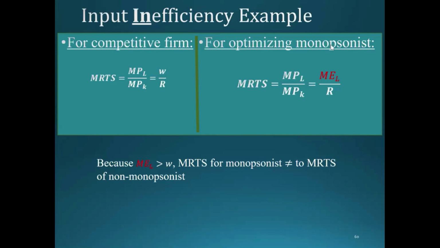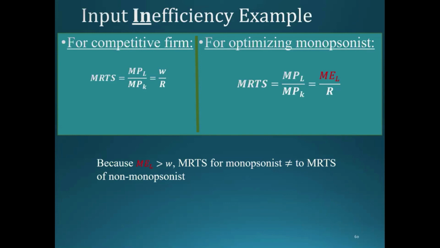So when you have a monopsonist firm and some firms that are not monopsonists, you're going to get them setting the marginal rate of technical substitution equal to different amounts. And if you have that scenario, you're not going to have input efficiency. Now you can see where this might be going. We're looking at where this type of efficiency fails and where government regulations to fix these market failures might be appropriate.